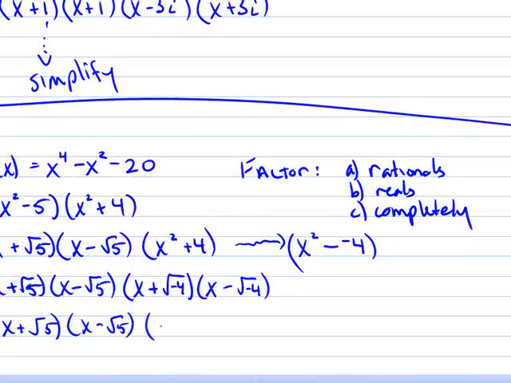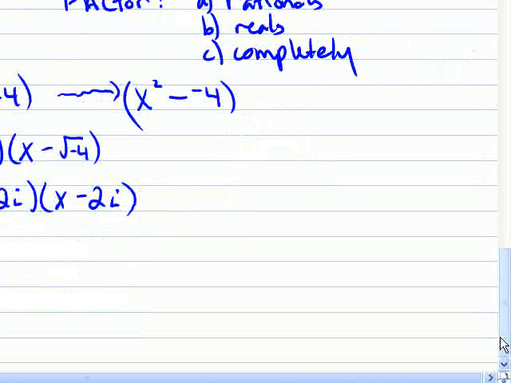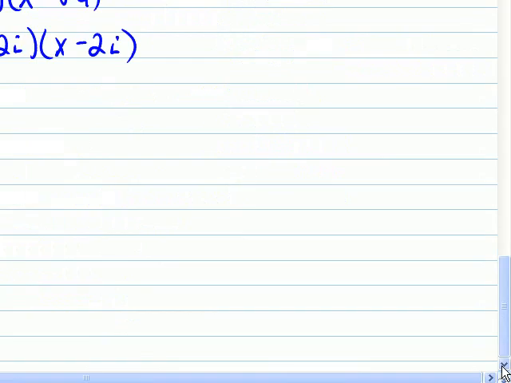So I'm going to call this x plus 2i, x minus 2i. And now it is completely factored. Rewind that one if you want to hear that one again. This is a very good test question to factor it over rationals, reals, and then completely factor it. So it might be worth checking out again.